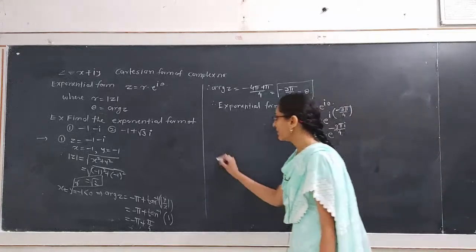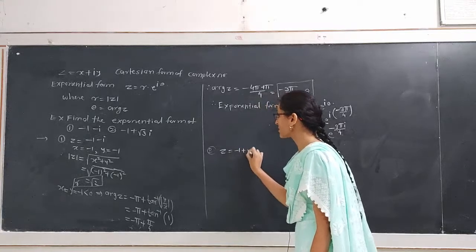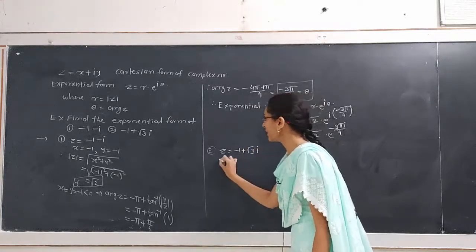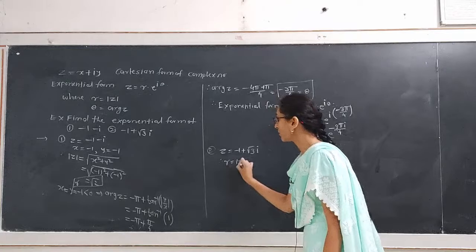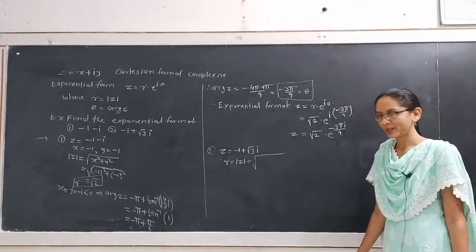In the second example, the z value is -1 plus root 3 i. Therefore, r is equal to mod z, which is equal to root of real part square plus imaginary part square.